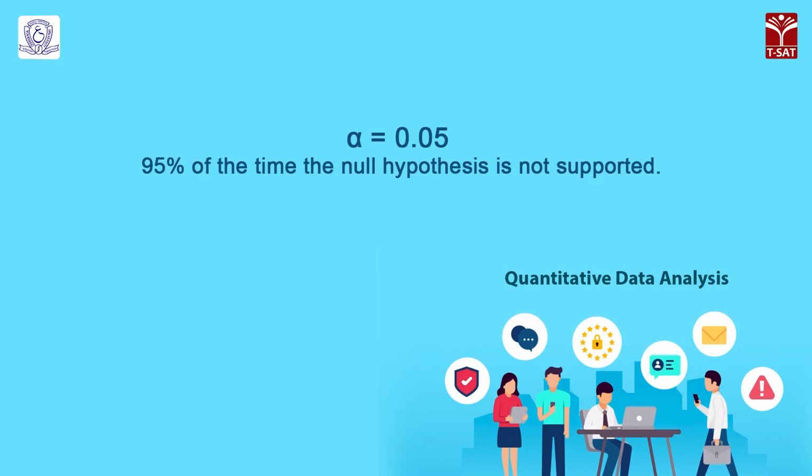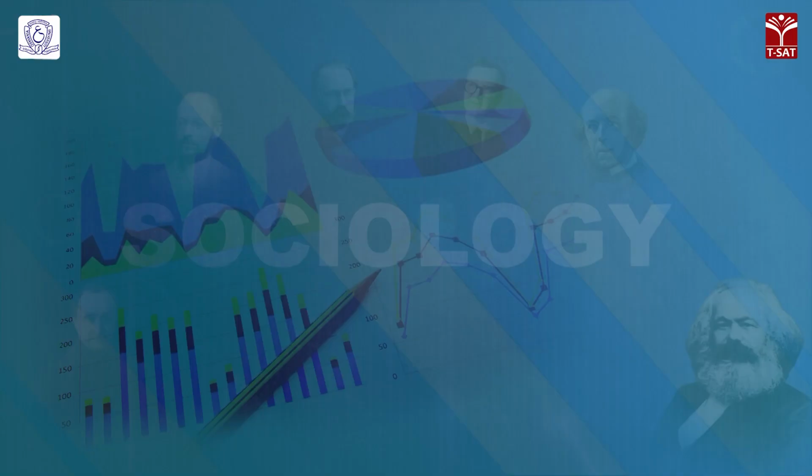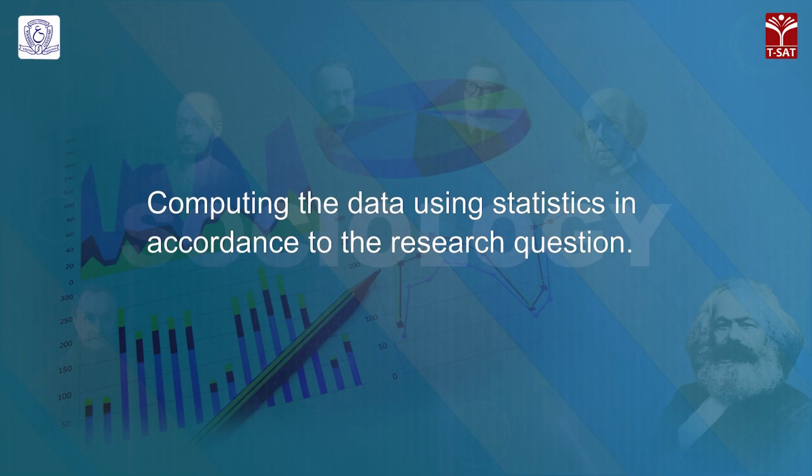This indicates the level of risk the researcher is willing to take in supporting or not supporting the null hypothesis. The succeeding stage involves computing the data using statistics in accordance with the research question. The final stage is to support or not to support the null hypothesis in light of the data analysis.